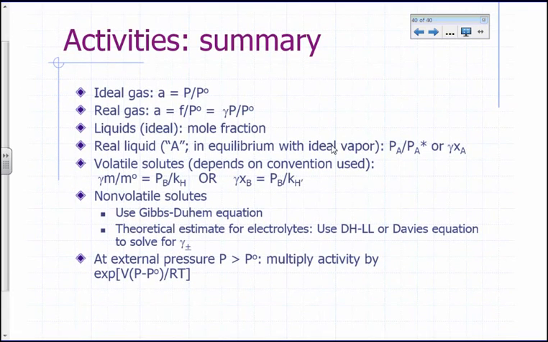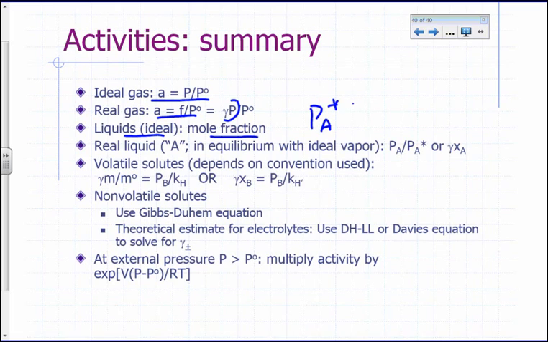So to summarize, as far as activities are concerned, if you have an ideal gas, it's P over P naught. For a real gas, you just multiply the pressure by the fugacity coefficient. So that activity coefficient times P is called fugacity. If you have ideal liquids, your activity is just the mole fraction, okay? And you can determine that from the vapor pressure.